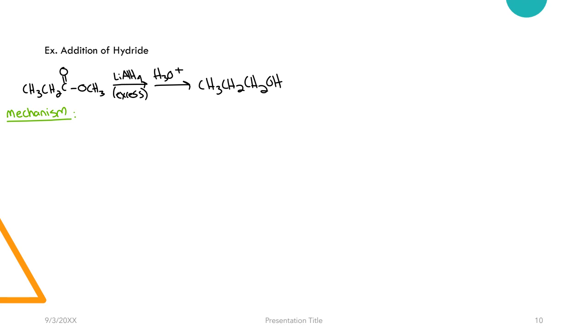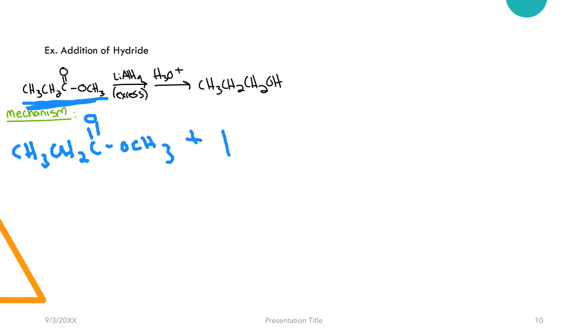So this is an ester, right? Because it's an OR group connected here. So I have my hydride. This will attack the carbon, which breaks the double bond.